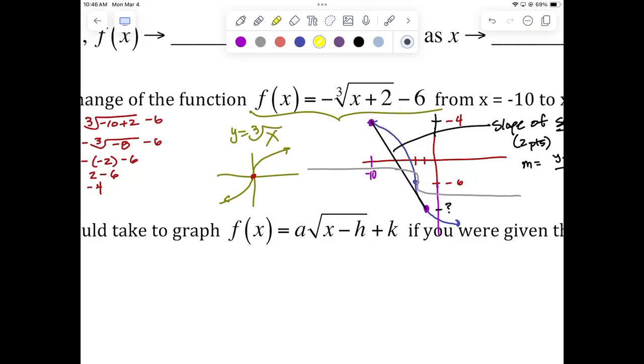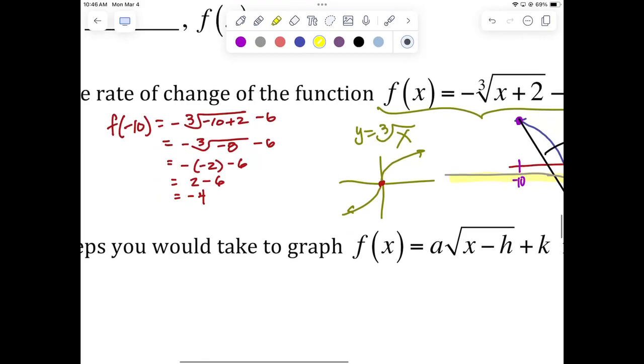That's what the actual graph looks like. Okay? I just don't like drawing it like that because I don't get to see the curve. So you trust the math, not the graph. The graph is just a quick sketch. All right? So I have my first ordered pair, -10, comma -4. The math doesn't lie. Your graph might, though.